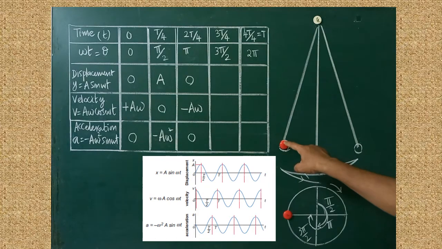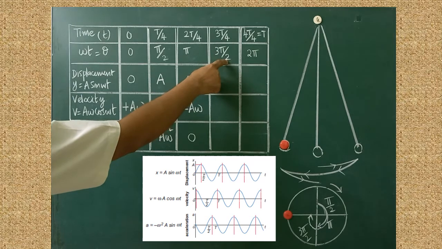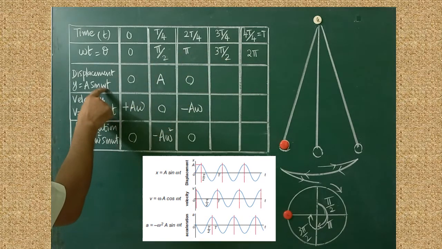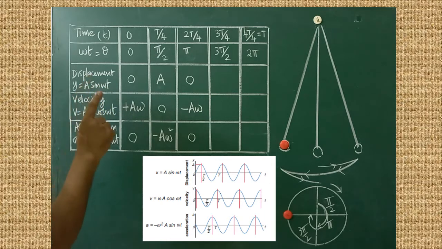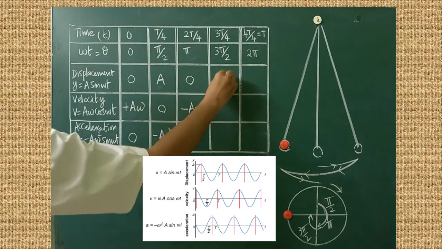Now the bob has come to the left extreme end. Substitute that 270 degrees, that is 3 pi by 2, here. Sin 270, sin 3 pi by 2 value is minus 1. Therefore minus 1 into a is minus a.